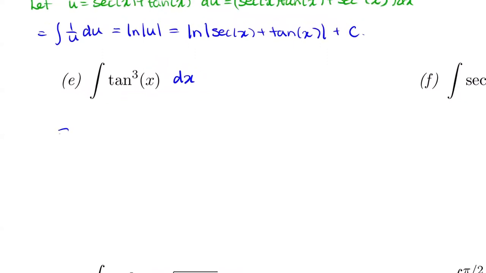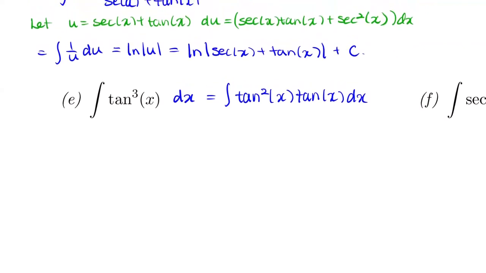So I'm going to write this as the integral of tan squared of x, tan x dx, right? So now I'm going to apply the substitution for tan squared of x being secant squared of x minus 1, so that we would just have the integral of secant squared of x minus 1 times tan x dx.